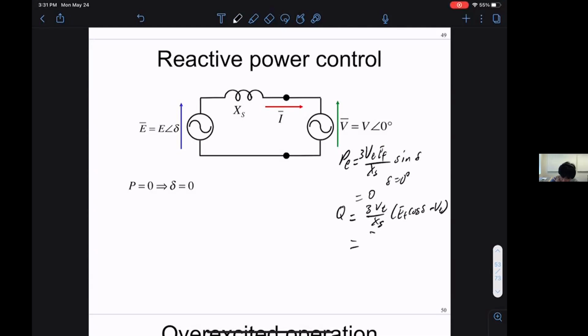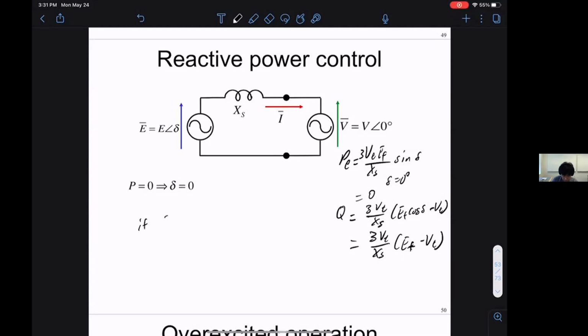Cosine of 0 is 1, so this is 3 V_T over X_S times (E_F minus V_T). This is the reactive amount of Q, the reactive power I produce and send to the grid.